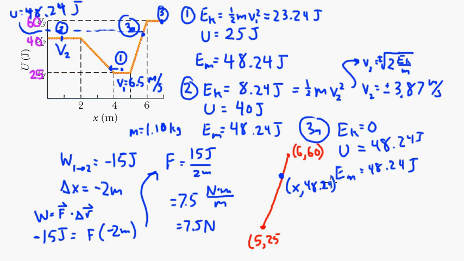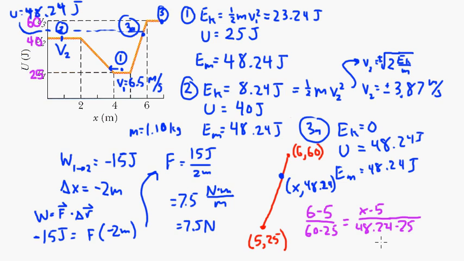So we have to do 6 minus 5 over 60 minus 25 equals x minus 5 over 48.24 minus 25.